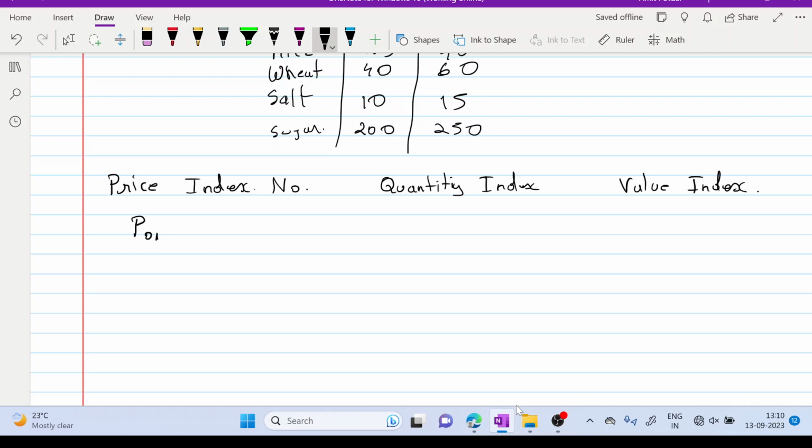In certain books, higher statistics or higher economics, they might keep writing P2000, 2005 or just 00, comma 05. Okay, like that. Right now I'm not writing the comma over here because we won't be using 0, comma 1. It's understood it's P01. So it's the price index number in the current year compared with the base year. So that's price index. Quantity will be denoted as Q01 and value index number is V01.